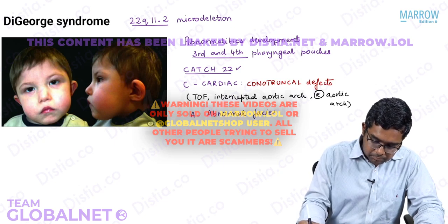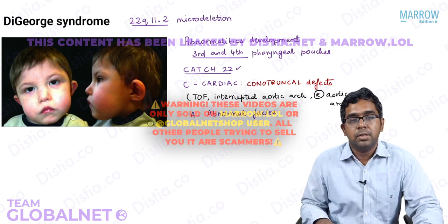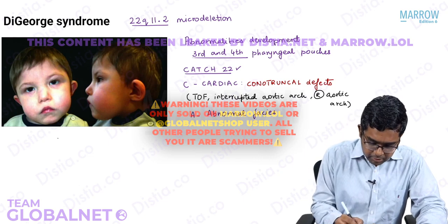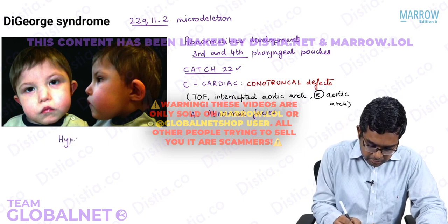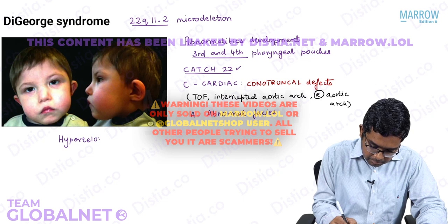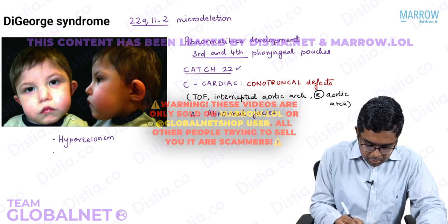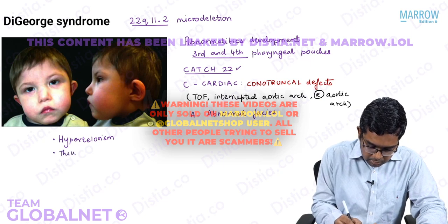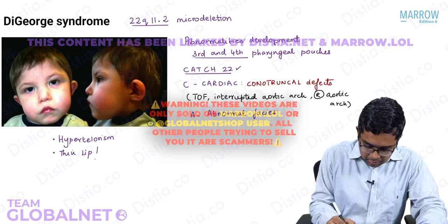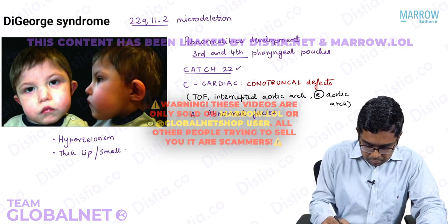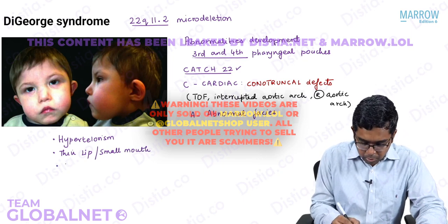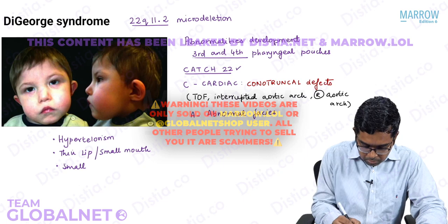The picture depicts the abnormal facial appearance noted in a child with DiGeorge syndrome. The important points to be noted here are they have widely separated eyes or hypertelorism. Next thing, if you look at the mouth region, they have thin lips, especially the upper lip is thin. They have a small mouth. Even the jaw appears to be small.